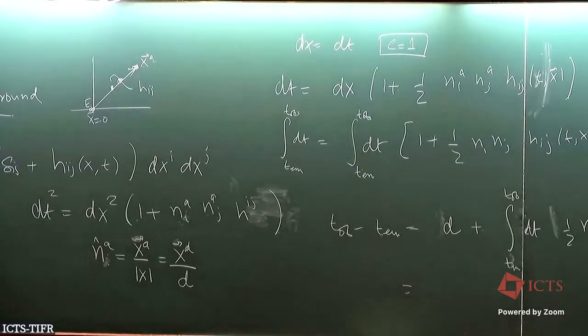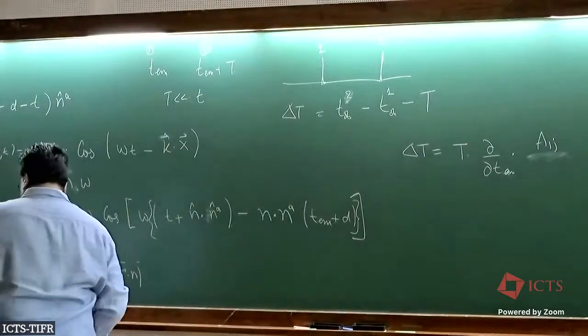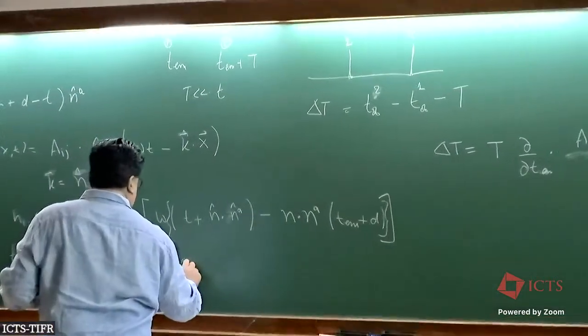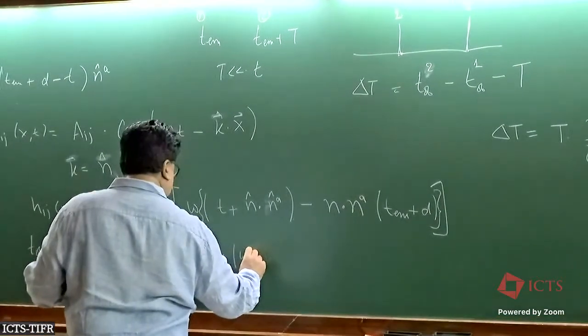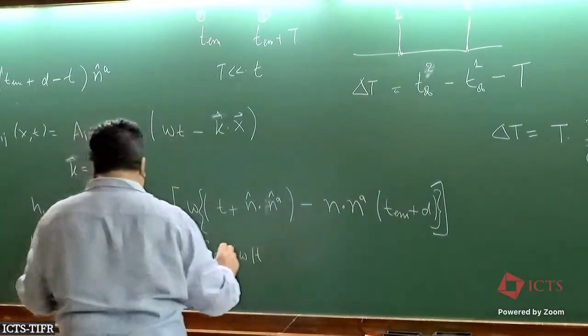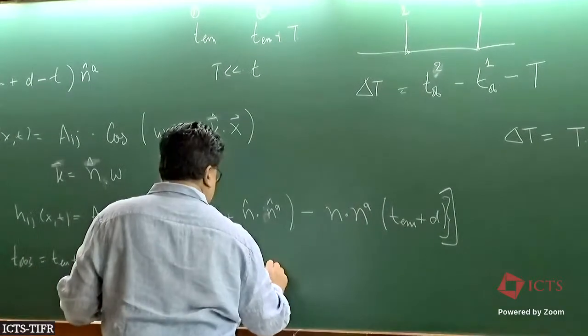So I am doing this integral divided by 2 omega (1 plus Na dot n) times cosine of omega (T emission plus D).